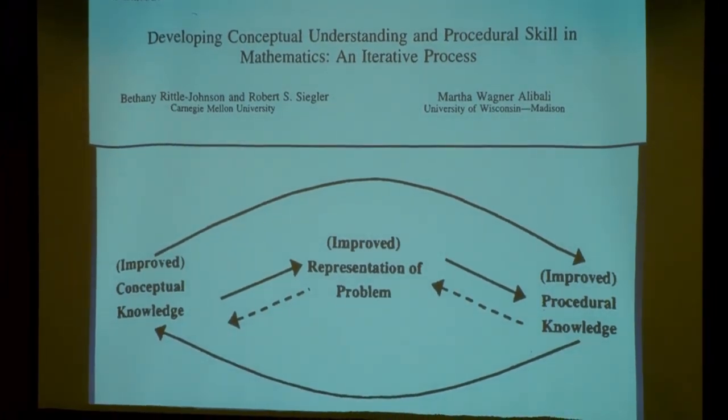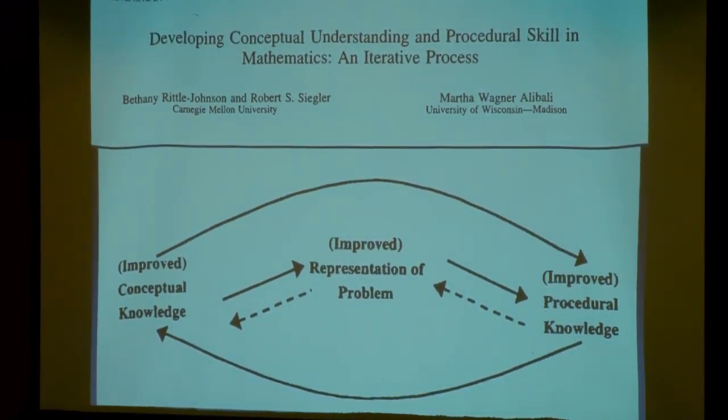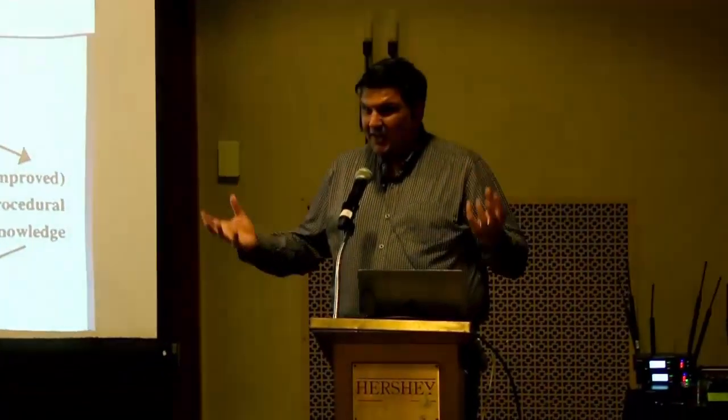They need their math facts, but they also need to understand how addition and subtraction are related, and so forth. And so in this paper by Bethany Rittle-Johnson and colleagues, what they found was that when you look longitudinally, you can't really separate these different ways of knowing about math, but rather they are iterative and inform each other over the course of learning and development.